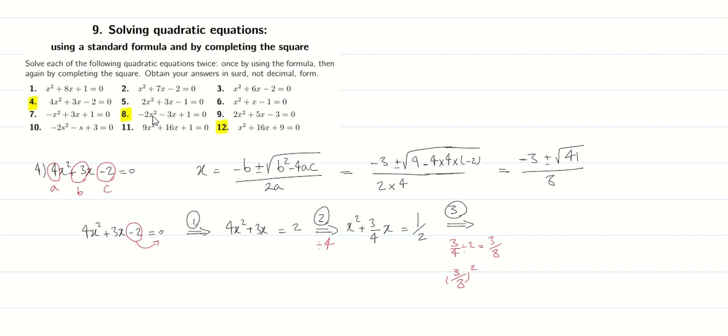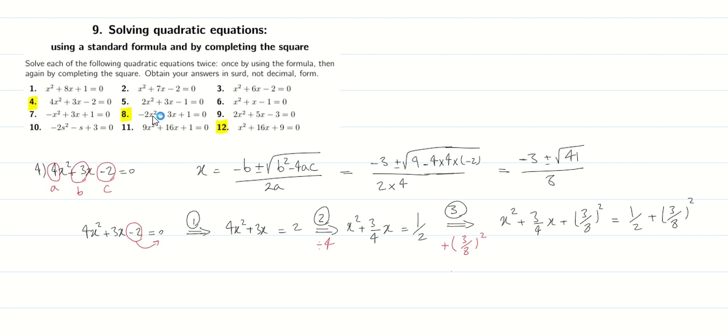So we would have x squared plus 3 over 4x plus 3 over 8 squared is equal to 1 over 2 plus 3 over 8 squared.